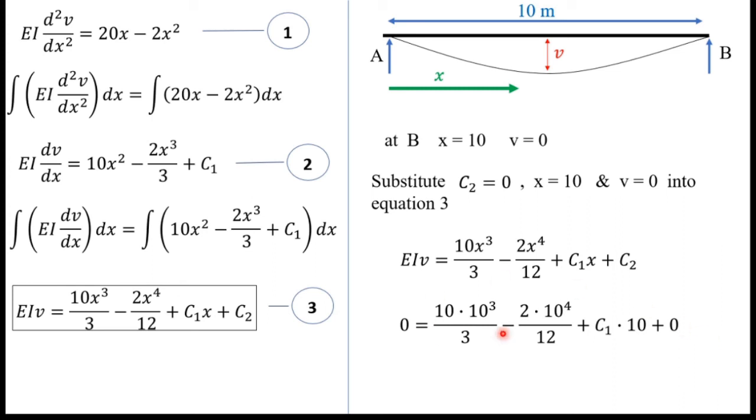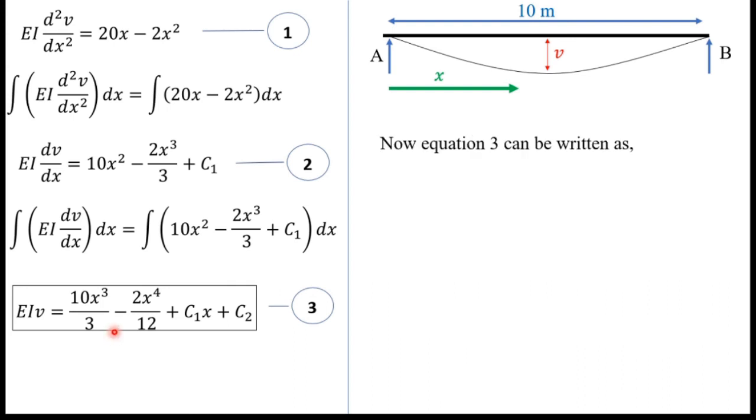So if I simplify this, I can get C1 equals minus 166.7. So now I successfully found C1 and C2. Now I can write equation 3 like this. I can substitute values of C1 and C2 into equation 3. Now I know the constants, so I label it as equation 4.